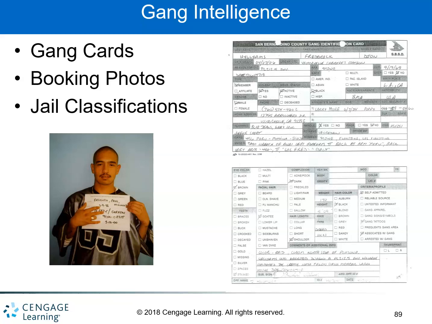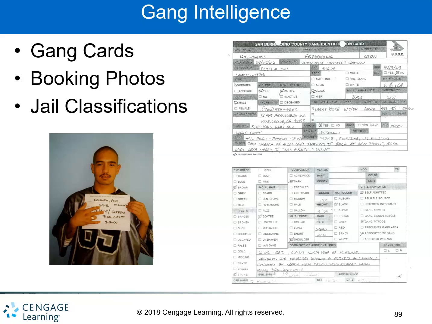You thought they were involved in criminal activity, etc. They're not being arrested. You're just filling out this card and putting it inside of the data in a computer system. So if something does happen, we know later on. Booking photos you would take when somebody is arrested. There would be a picture, and you would be able to use that booking photo later to show the person, what they were arrested for, what type of crime, etc.